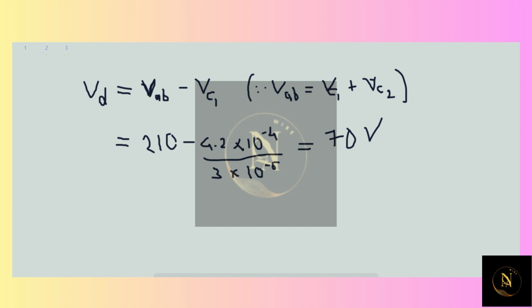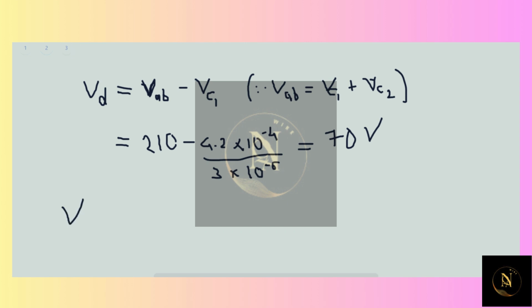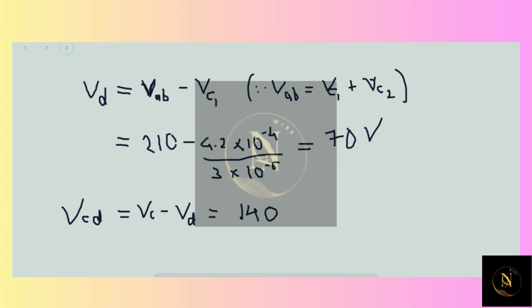So we have calculated the voltage at point D and the voltage at point C. We need to calculate VCD, which is equal to VC minus VD. The voltage at point C was 140 volts and the voltage at point D is 70.